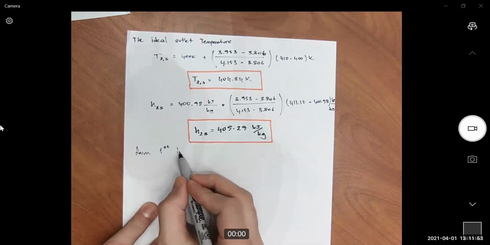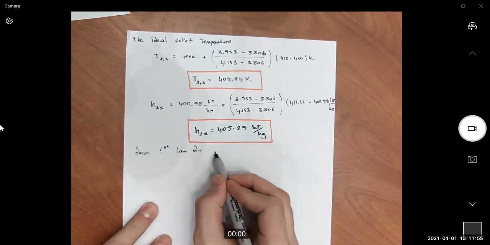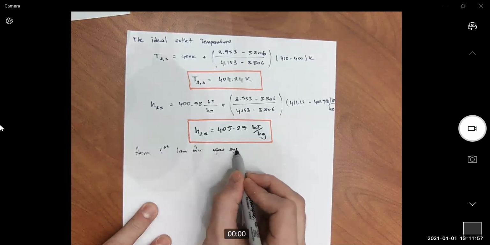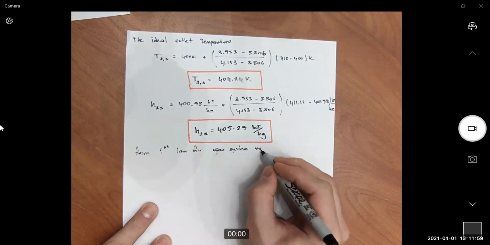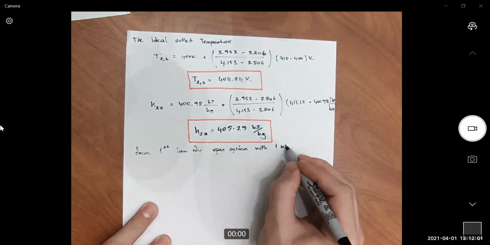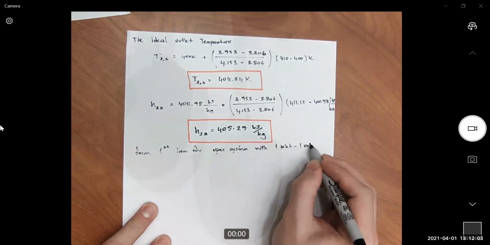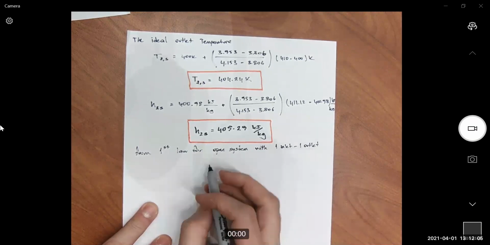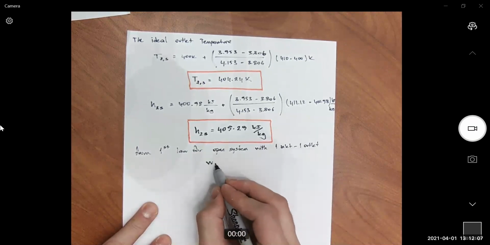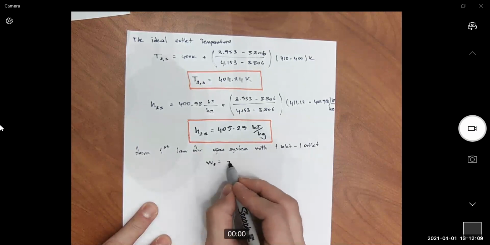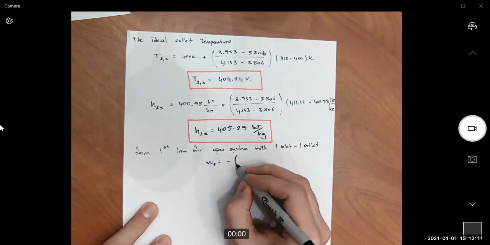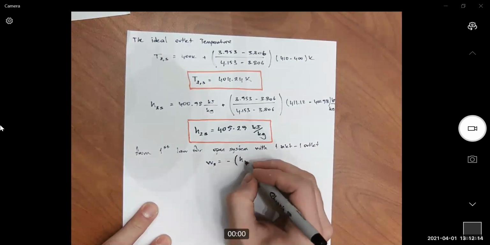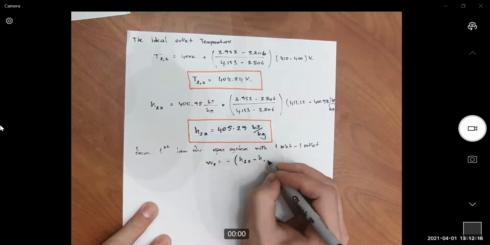Our first law for an open system with one inlet, one outlet, steady state. What I have is work equals minus delta H, right? Which is H1 minus H2S.